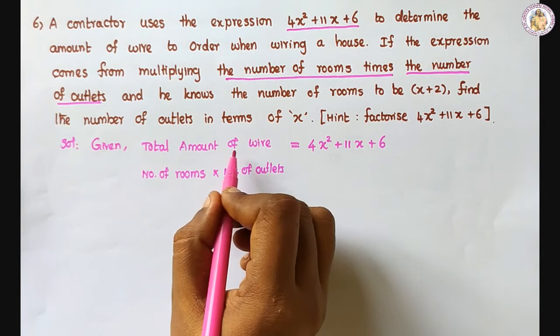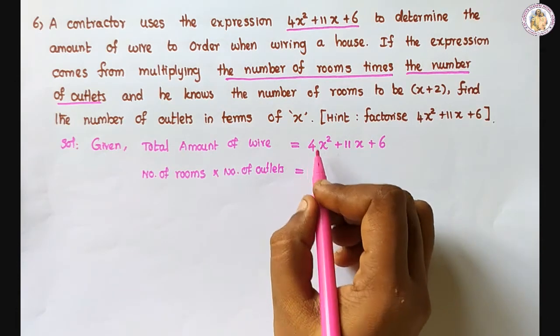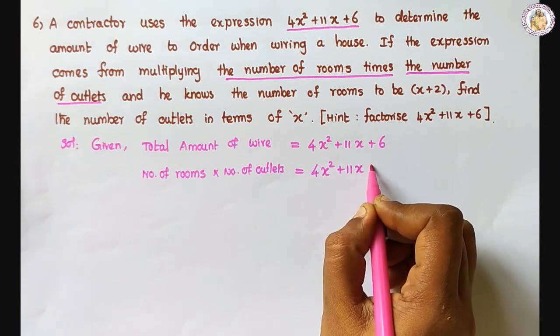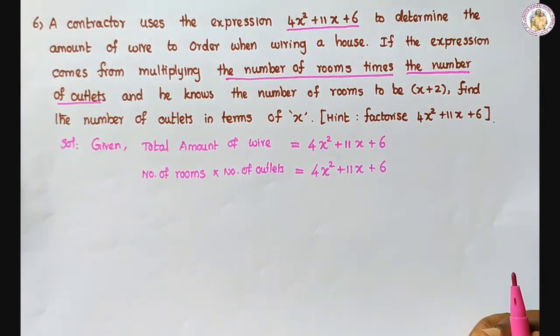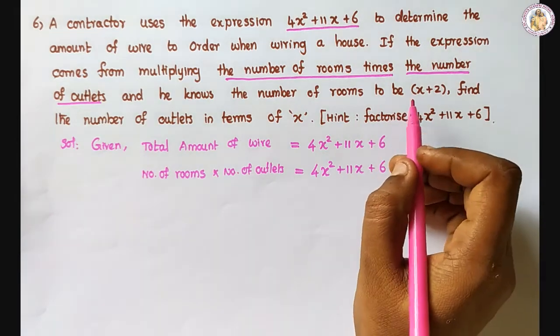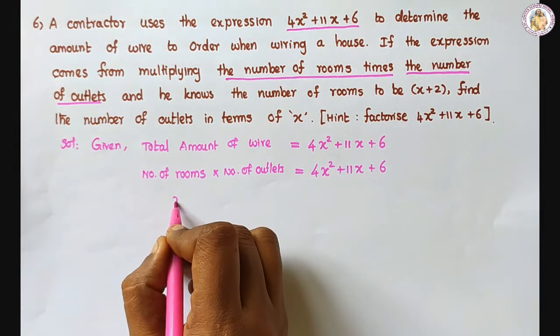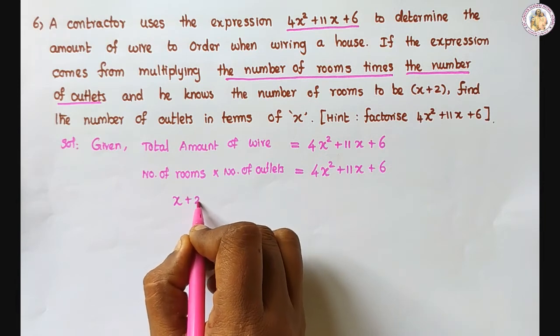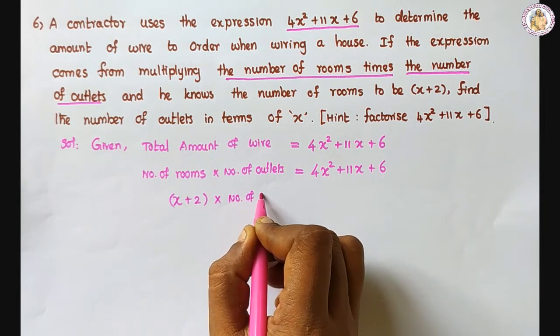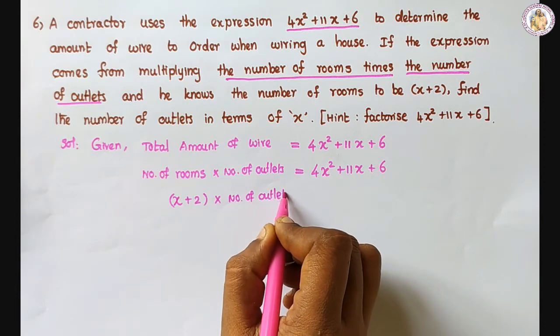That is the total amount of wire. So that is equal to 4x squared plus 11x plus 6. Now we know the number of rooms: that is x plus 2, into the number of outlets.